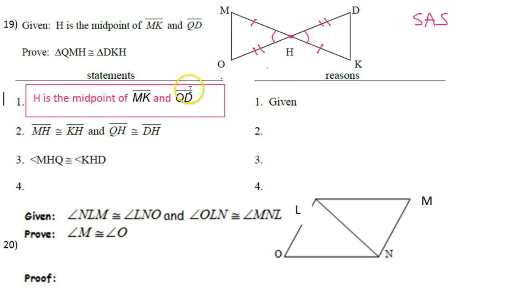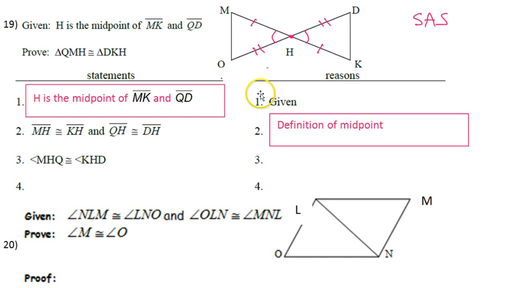Now, like I mentioned earlier, since that's the midpoint, that implies that MH is congruent to KH, and QH is congruent to DH. That is the definition of midpoint. Alright, so that takes care of all those hash marks there.